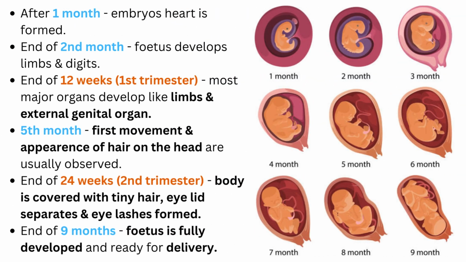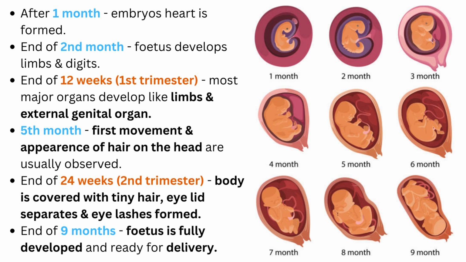Coming to human pregnancy, after 1 month, the embryo's heart is formed. Towards the end of the 2nd month, the fetus develops limbs and digits. Limbs, the hands and the legs, and digits means the fingers. At the end of 12 weeks, that is the first trimester, most major organs develop, like limbs and external genital organs.